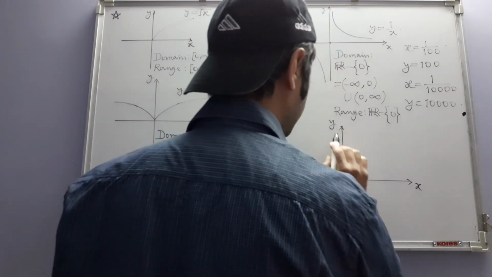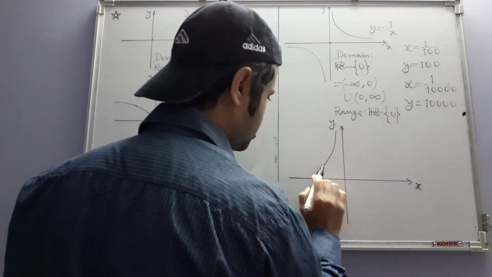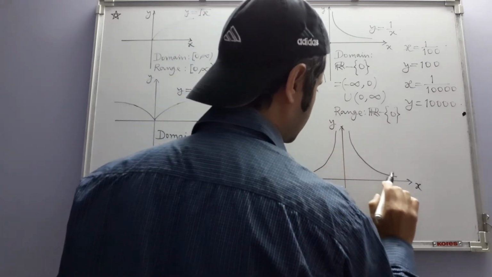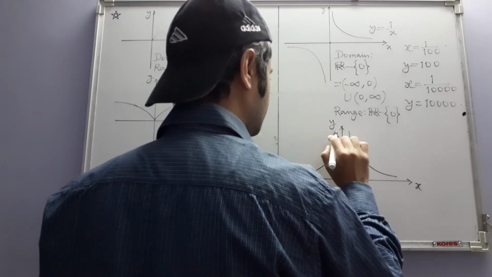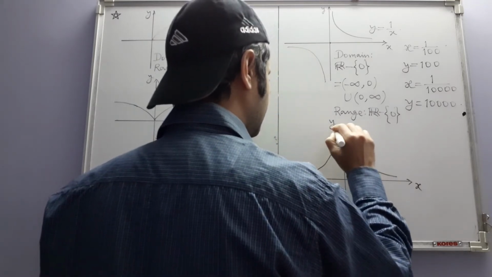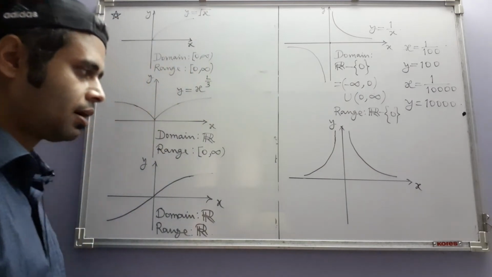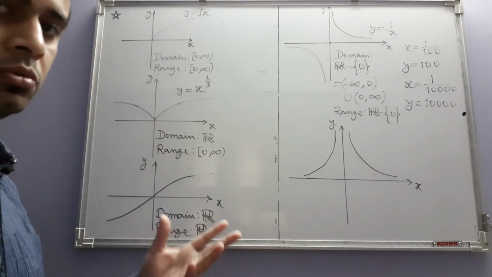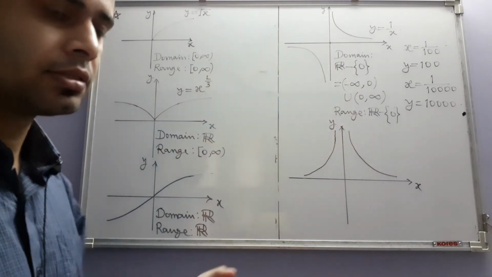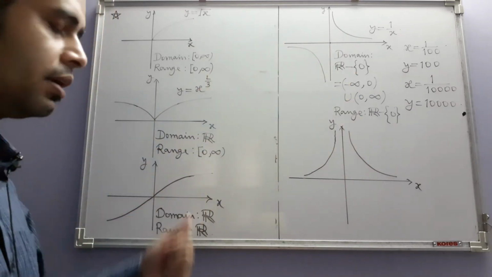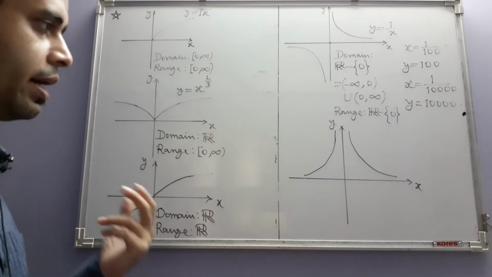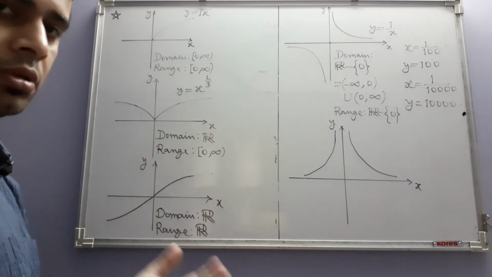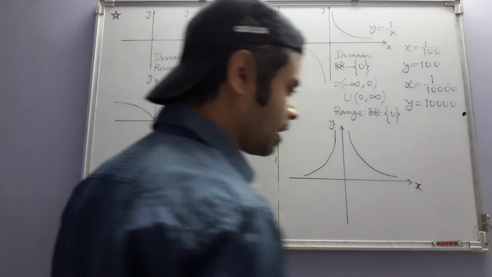Its graph also has two disconnected parts. Some graphs have two disconnected parts like this, some of them have a single connected part. It has to do with whether the function is continuous or not. We will see these things when the time comes.